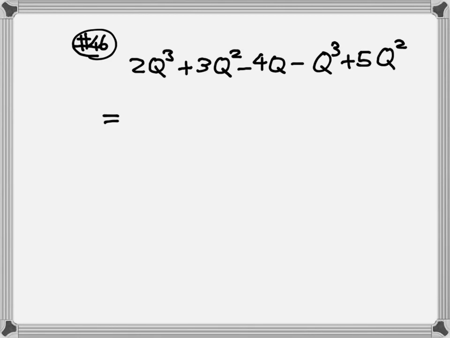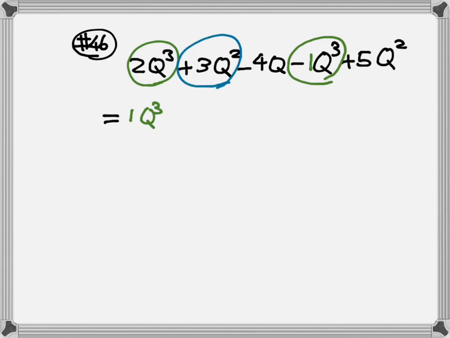The like terms will be 2q to the 3rd power minus q to the 3rd power. So it'll be 2 minus, again, you don't see a number, that'll be a 1. So 2 minus 1 is 1q to the 3rd power. Then after that, let's do q squared. So here we have plus 3q squared plus 5q squared. 3 plus 5 will be a plus 8. Keep the q squared. Now we only have what? The minus 4q left. So just write down the minus 4q. Then that's the answer.